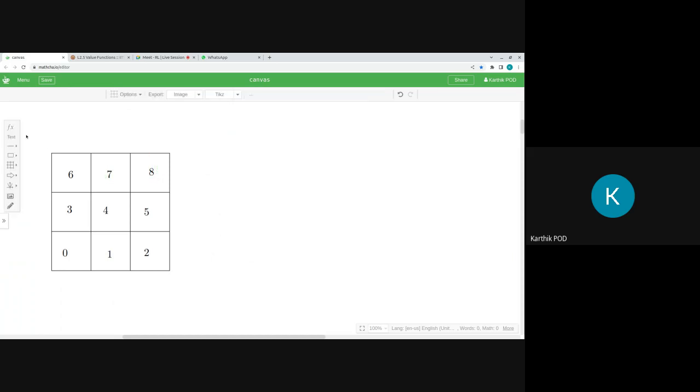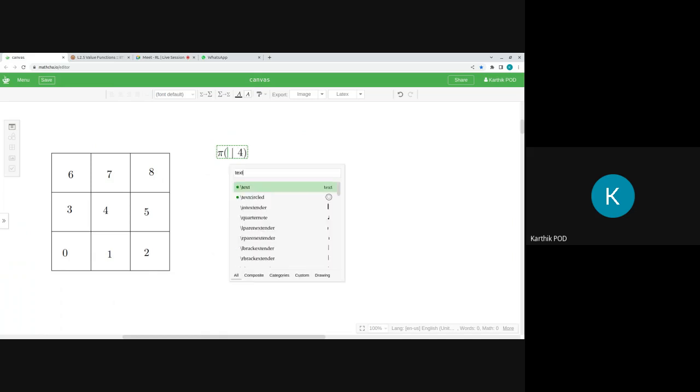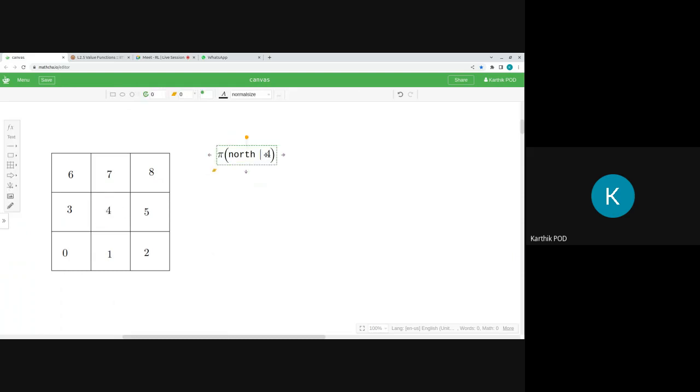Now, when I say pi of 4, it's actually pi of a given s, right? There are 4 possible actions from state 4: north, south, east, west. So what the policy is telling you is a probability distribution over the actions. What is the probability that I will take the action north from state 4?